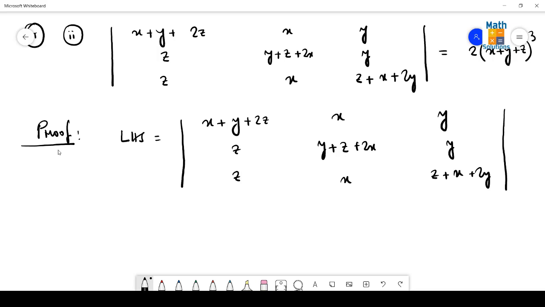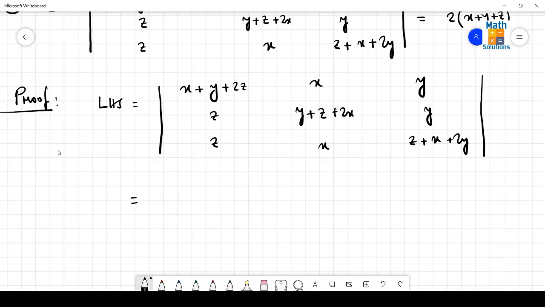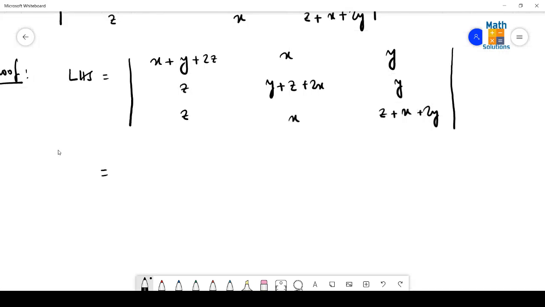So it is very clear that for getting twice x plus y plus z, if c1 is replaced by c1 plus c2 plus c3, we shall be getting the term twice x plus y plus z all along c1.